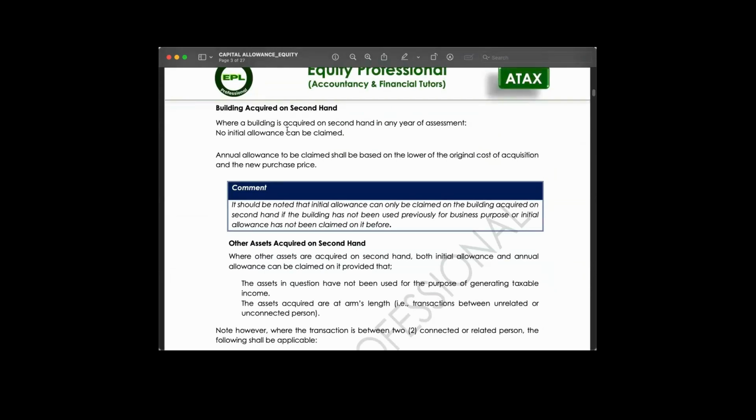One thing that you also need to note is when you are computing your annual allowance for the unexpired useful life of the asset, you have to determine the number of years the asset is supposed to use and the unexpired useful life of the assets.